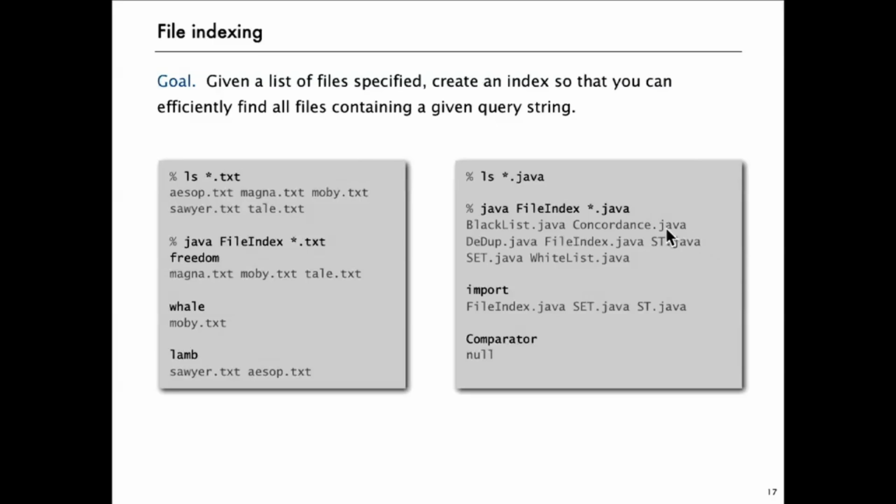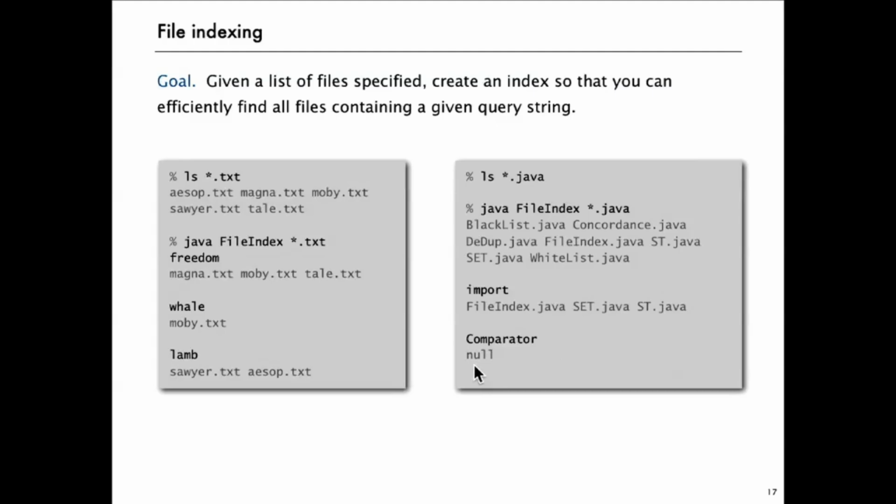So normally we have a bunch of .java files when we're working on an application. Like these are all the ones associated with this lecture. So we might build an index from that set of files, and then we might wonder, well, where do we use the import statement? So we just search for import, and it'll tell us, look in those 3 files. Or did we use comparators anywhere here? And this index will tell us no.